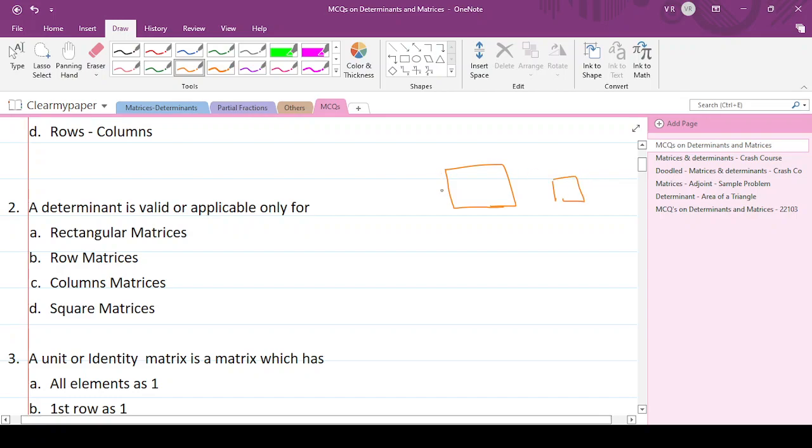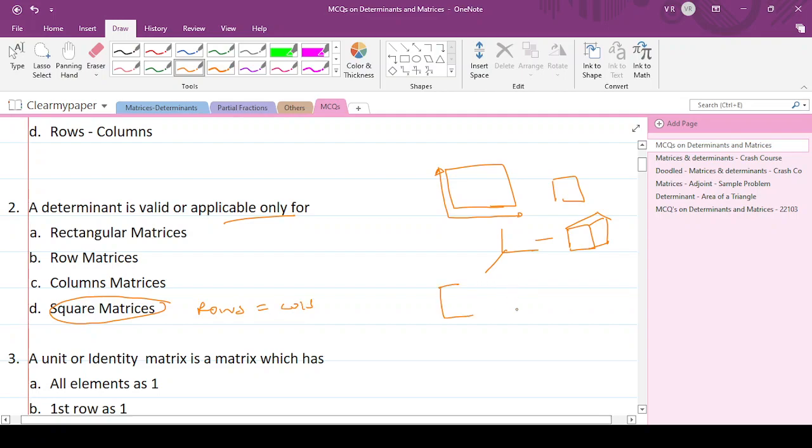We need coordinates in a two-dimensional plane, or if it's a three-dimensional space, it becomes a cube or a parallelepiped. We have also seen that earlier. So what is the determinant valid for? Determinant is applicable only for square matrices, where the number of rows is equal to the number of columns. It has to be a square matrix.